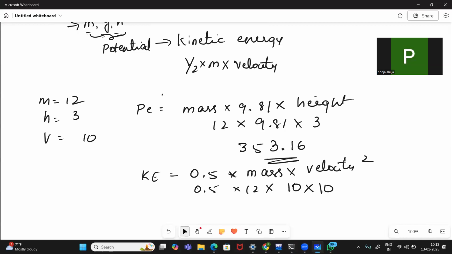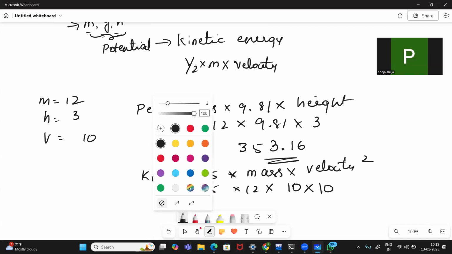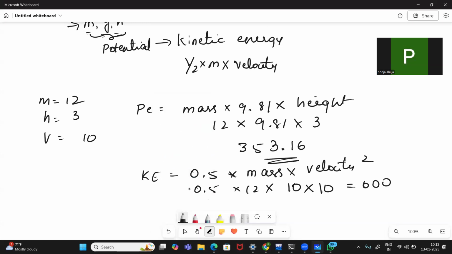So now when I calculate 0.5 into 12 into 10 into 10, the value will be 600.